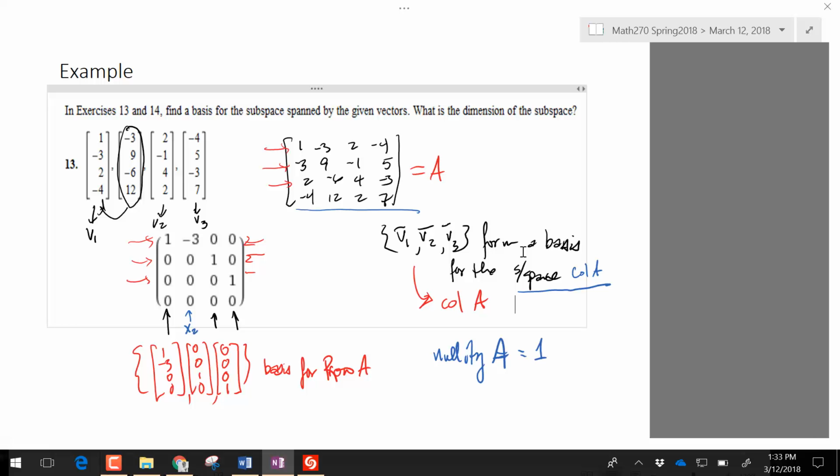The row space and the null space, because the row space and column space might not live in the same space. The row space and the null space are mutually exclusive. That means they can't have anything in common except for the zero vector.